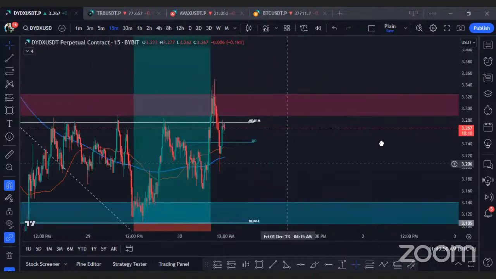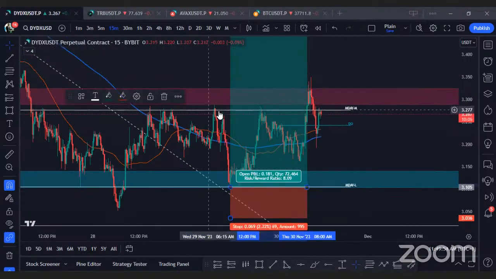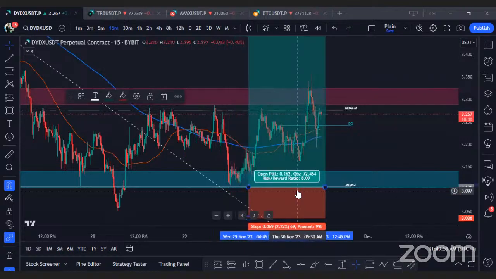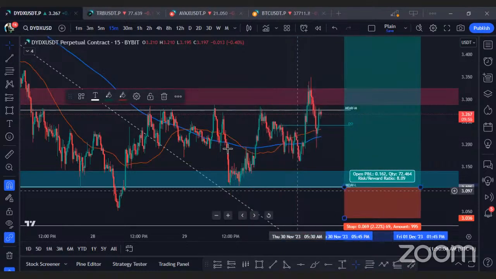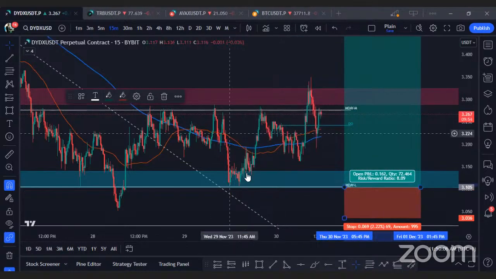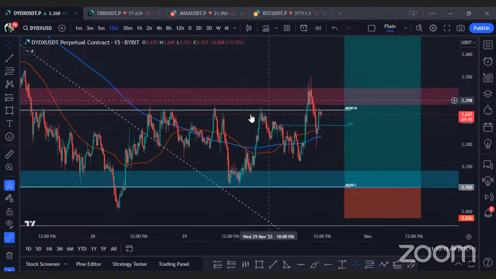Yesterday, I think we closed DYDX around there, and then it finally dropped this way. So I told us that this setup was still valid. I don't know how many of us took the trade yesterday. If you had a limit order, that actually triggered, depending on where you closed your trade. It triggered, went up there, came back, and so on. So I closed my trade somewhere around there, I think around 3.3 or thereabout.